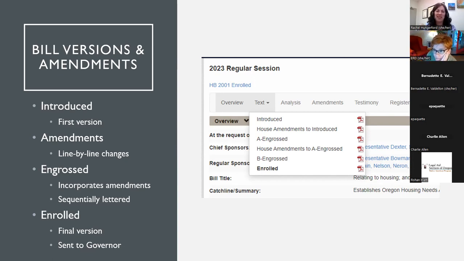And I'll also just say, not as a warning, but just to know going into it, reading amendments is sort of a weird exercise if you haven't done it before. The legislature is required to do line by line amendments.